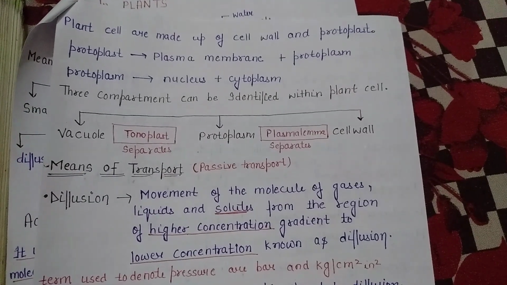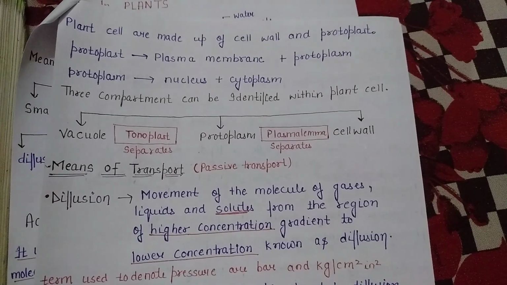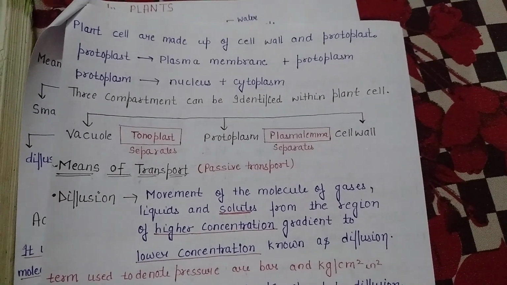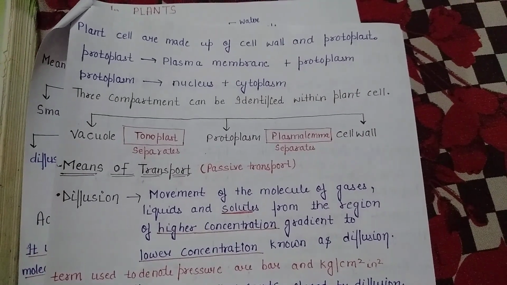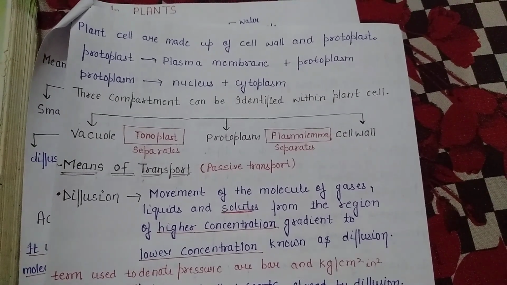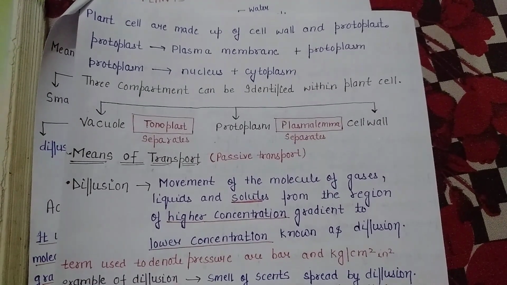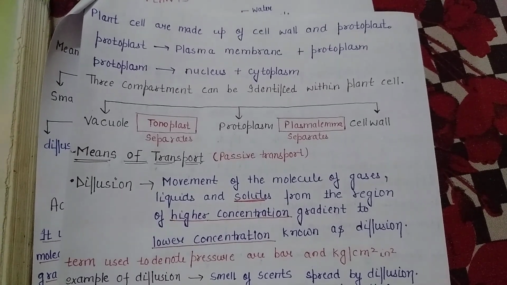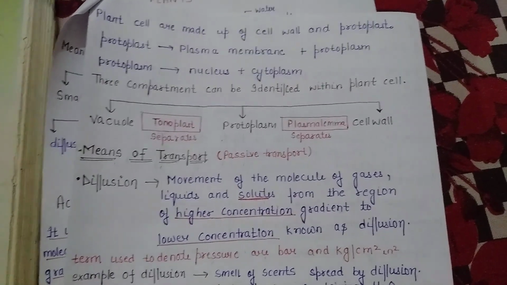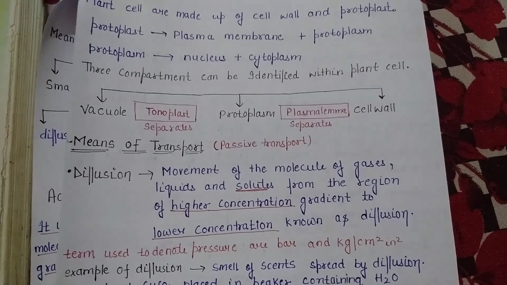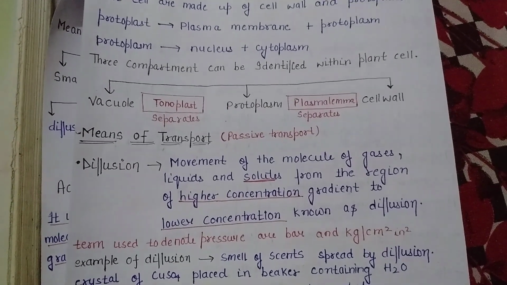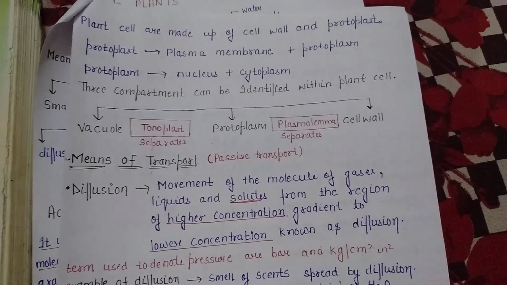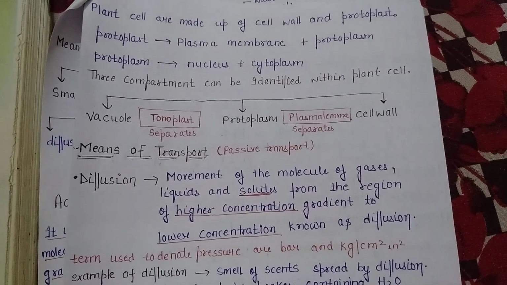To understand some of the transport processes that take place in plants, one would have to recollect basic knowledge about the structure of the plant cell and anatomy of the plant body that has already been described in anatomy and morphology. But in this section we have to revise plant anatomy. Plant cells are made up of cell wall and protoplasm.